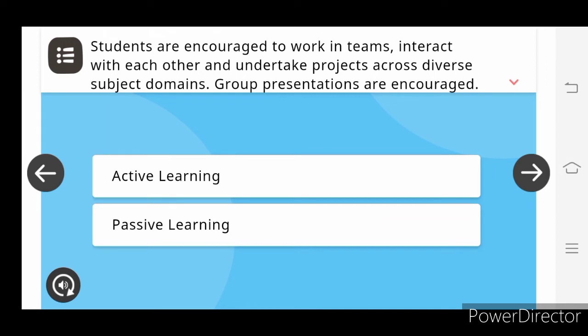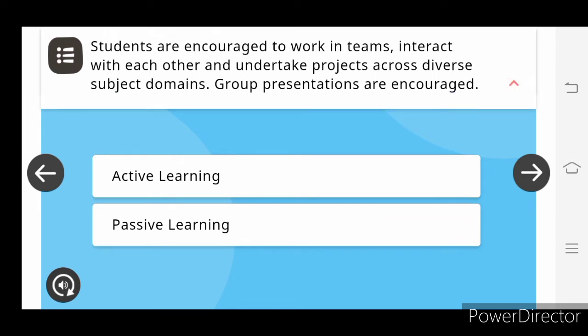The next question we have here: students are encouraged to work in teams, interact with each other, and undertake projects across diverse subject domains. Group presentations are encouraged. Is it active learning or passive learning? It is active learning.